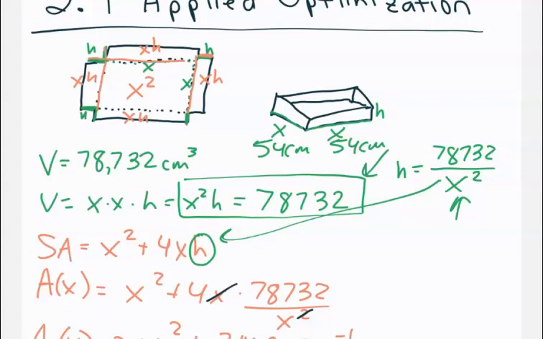Then the height is 78,732 divided by 54 squared. So that makes the height 27 centimeters. And you could double check that 54 by 54 by 27 actually does give you this volume, which it does.